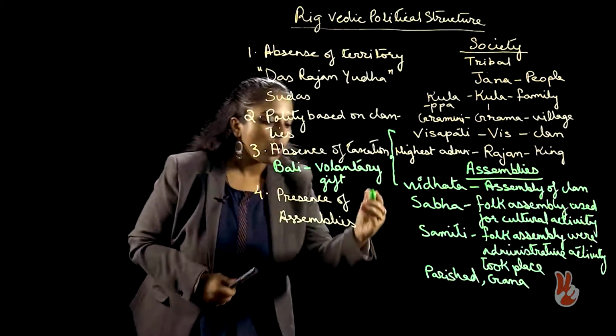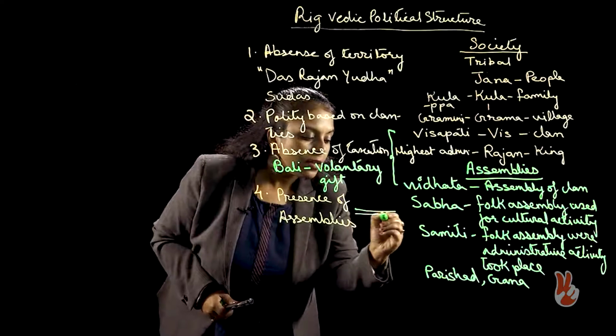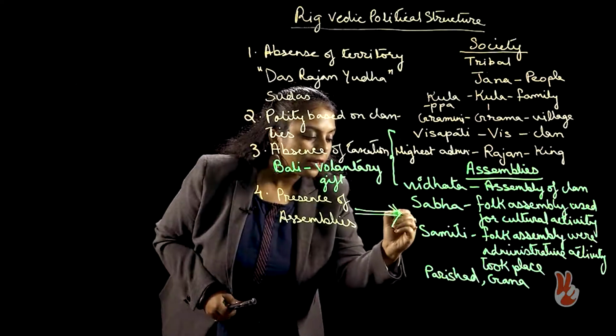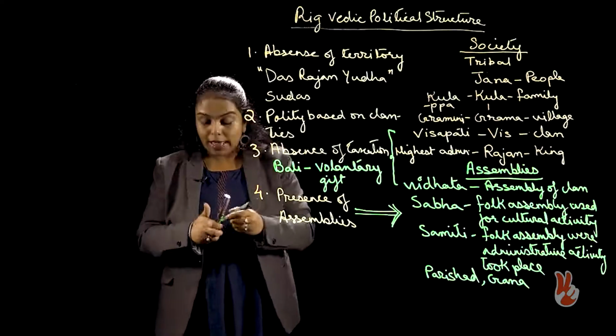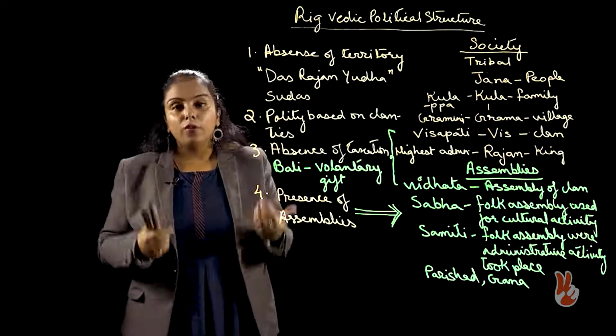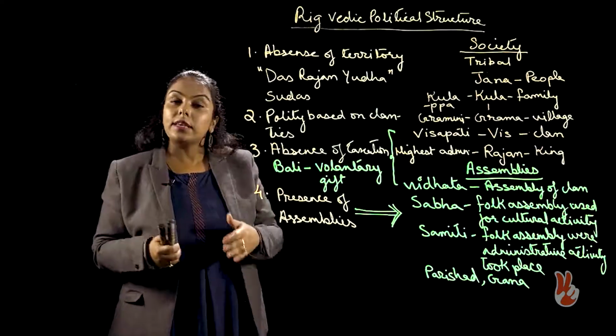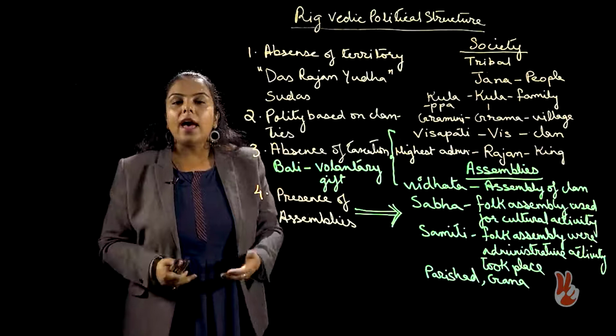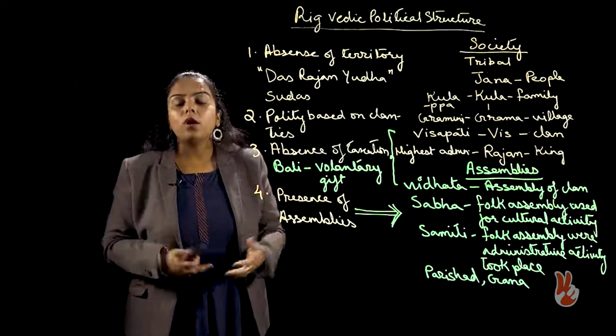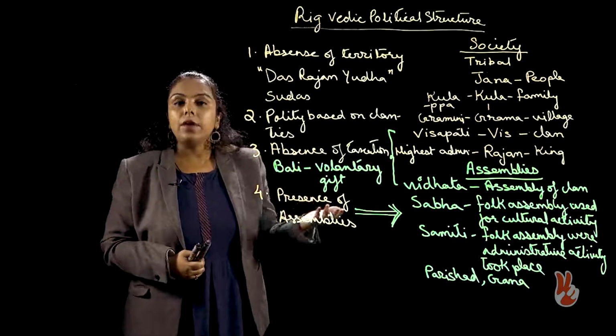As we just saw, Vidhata, Sabha and Samiti. These are the assemblies that we just talked about, and these assemblies will obviously lose their importance in the later Vedic age with the growth of monarchy, and in our next class we will talk about how this change came in polity.